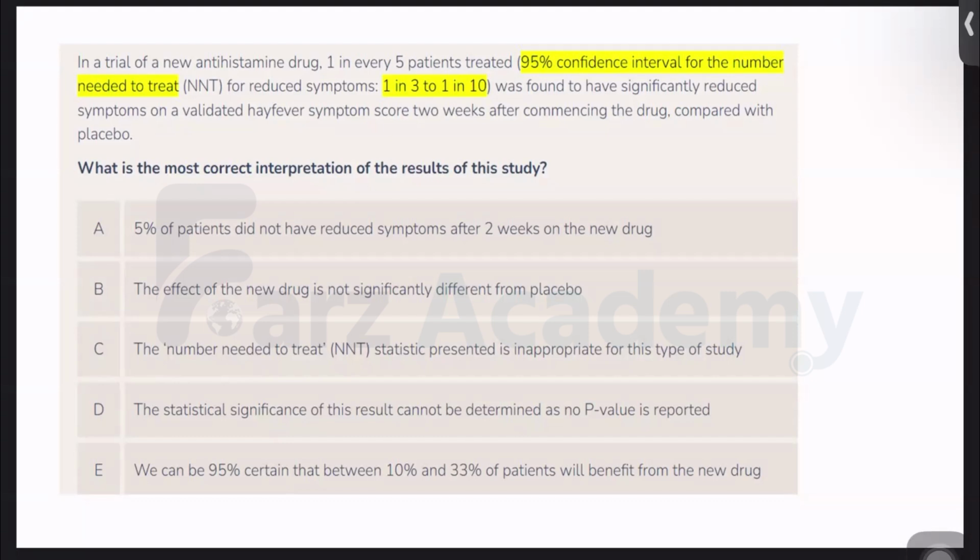Right? So your confidence interval becomes 1 in 3 to 1 in 10, 95% confidence interval. What that means is that 95 percent of the time the true population parameter is going to lie within plus minus 2 standard errors of the mean, or 1 in 3 to 1 in 10.